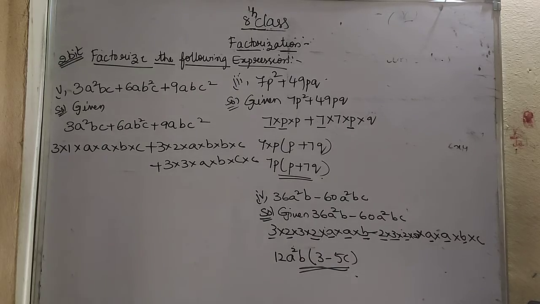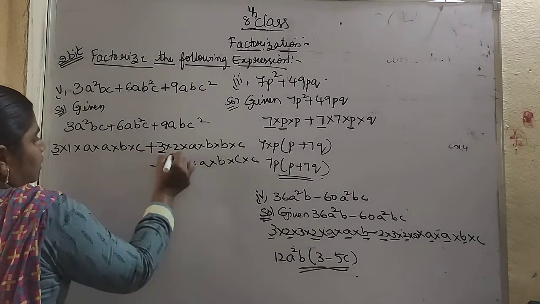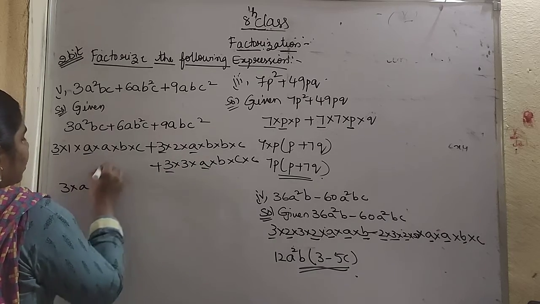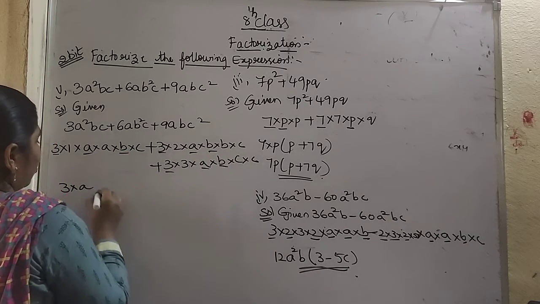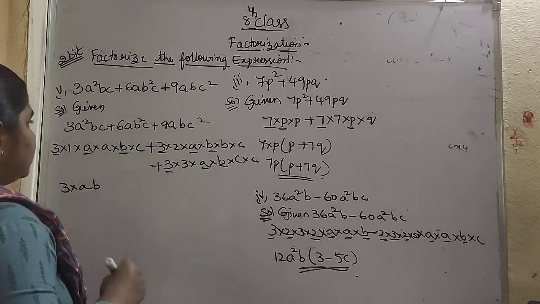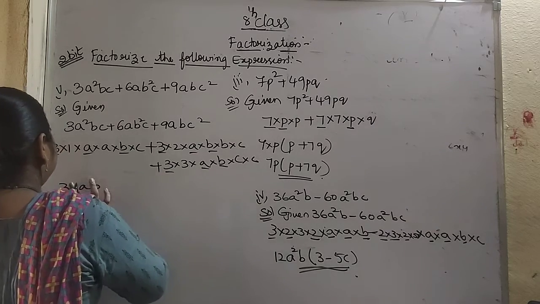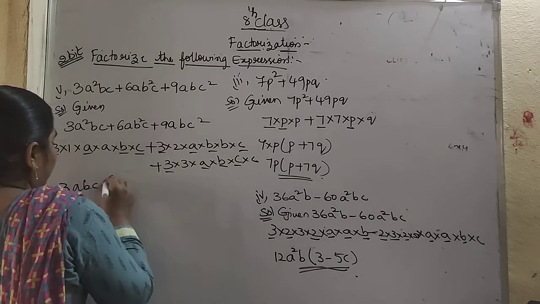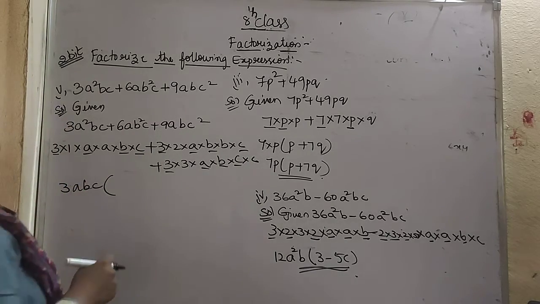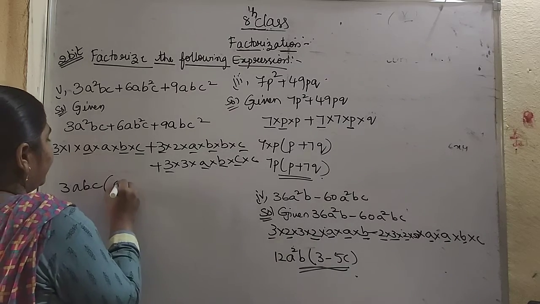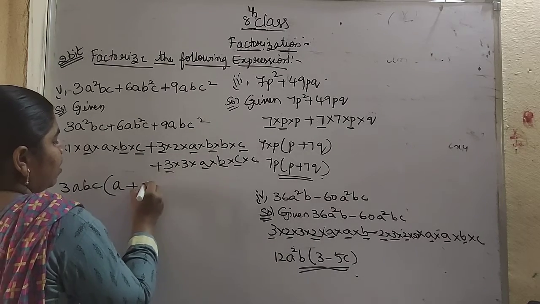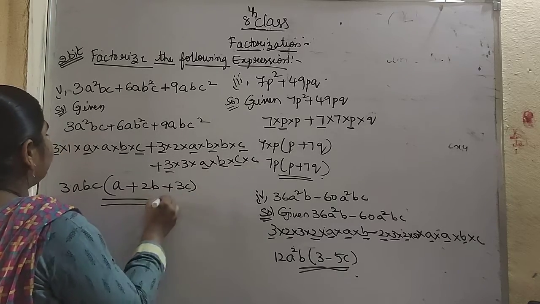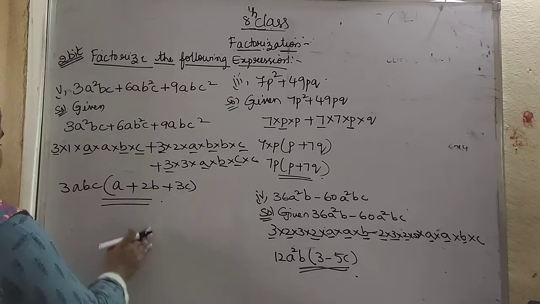Now we have to take out the common terms here. 3 is common, a is common, b is common, and c is common. Now the remaining terms we have to write in the bracket. What is the remaining term here? Only a, plus here 2b, and here it is 3c. So this is the factorization for the fifth question.